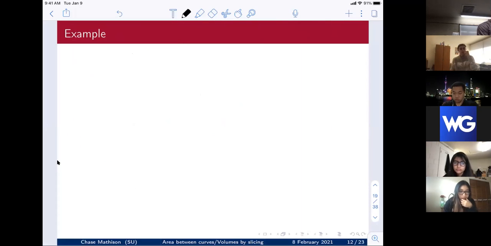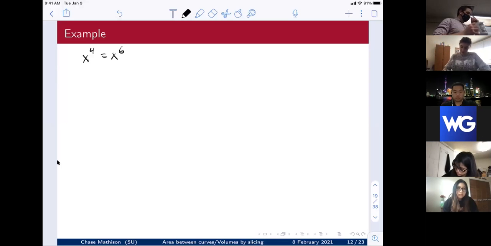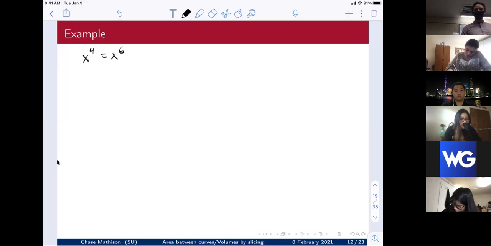So to find where these curves equal each other, that's where x to the fourth is equal to x to the sixth. Okay, someone tell me how they want to solve this. Subtract x to the sixth on both sides. Yes, very good.